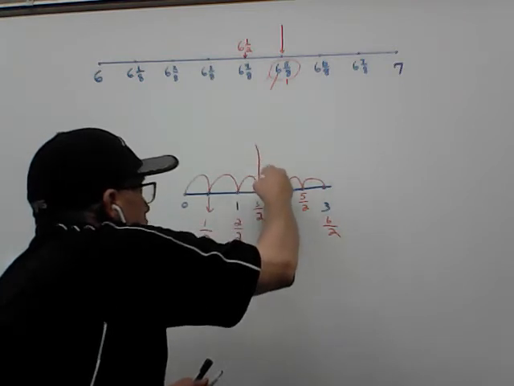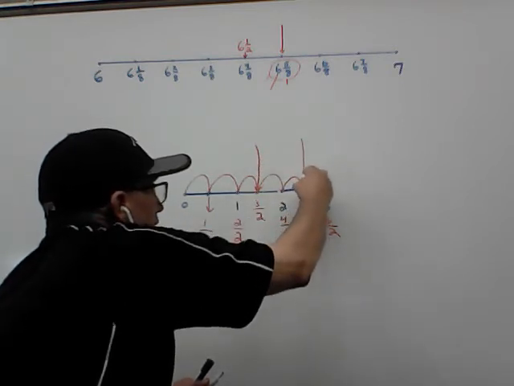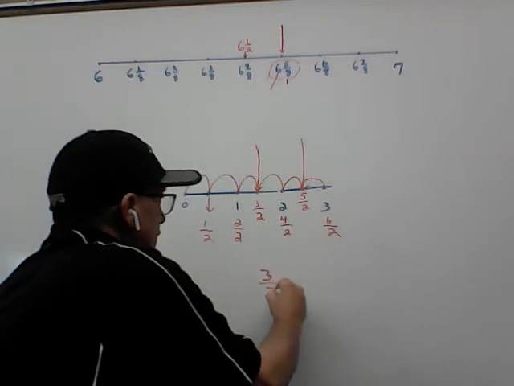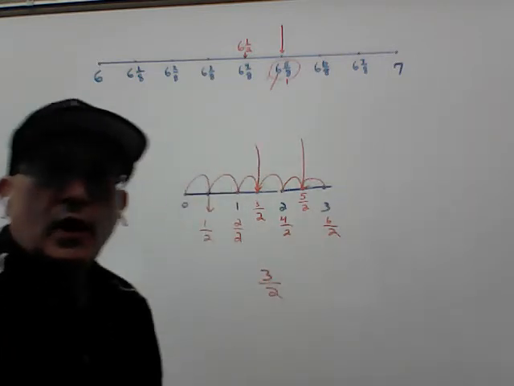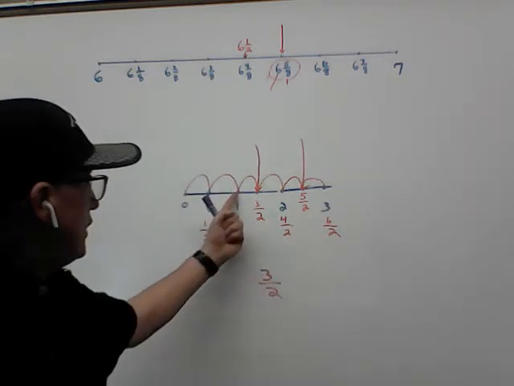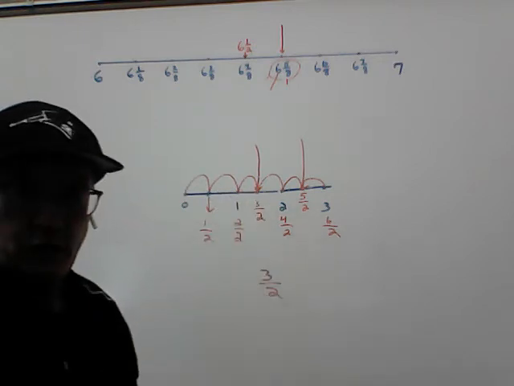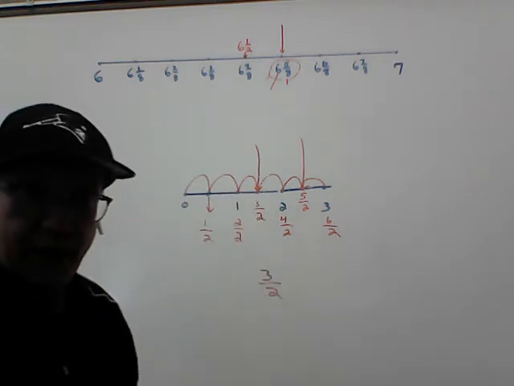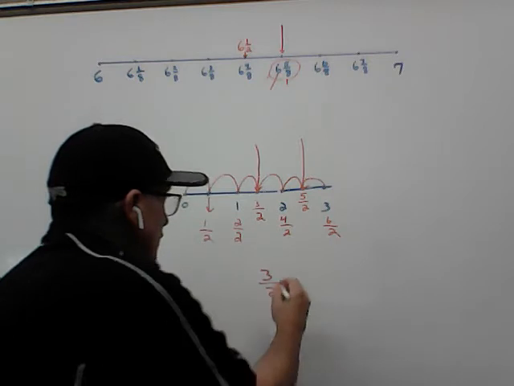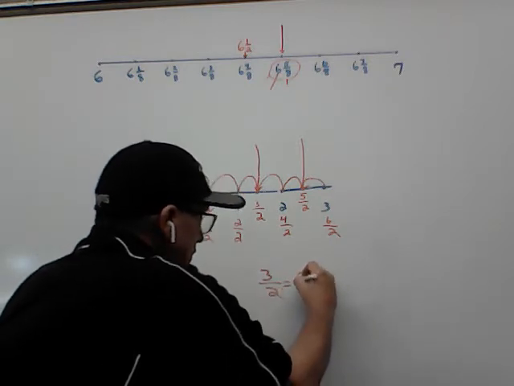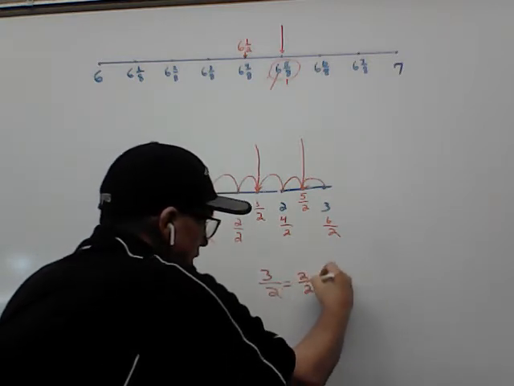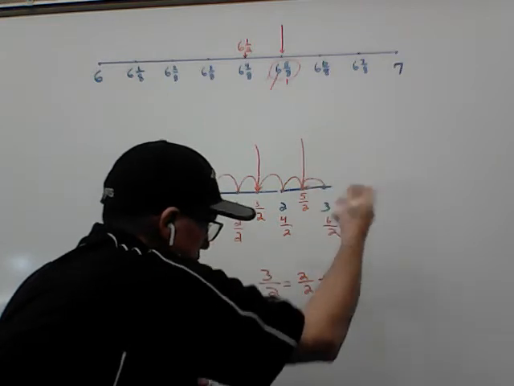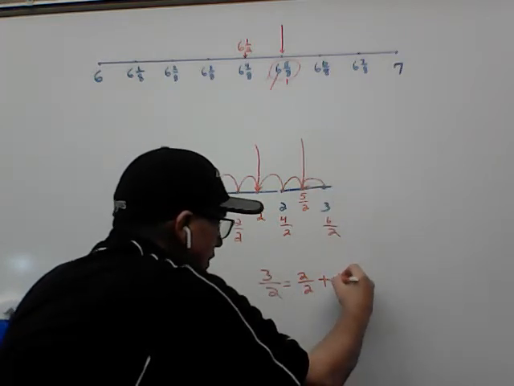But let's look at these improper fractions that occur at 3 halves and 5 halves. Well, 3 halves is clearly halfway between 1 and 2. It's 1 1/2. 3 halves is 1 1/2. This is similar to something I just did with the bigger one, the eighths, right?